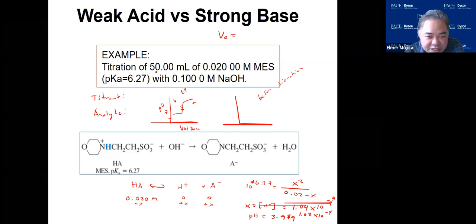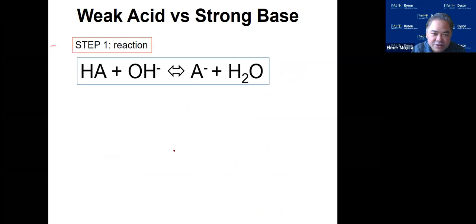I think it is the same value as our previous problem. I don't know if everyone will agree, that's 10 ml: 50 times 0.02 divided by 0.1.